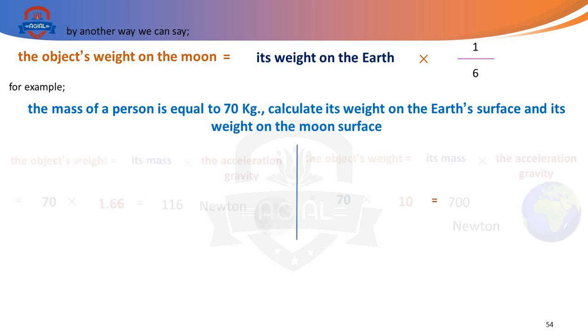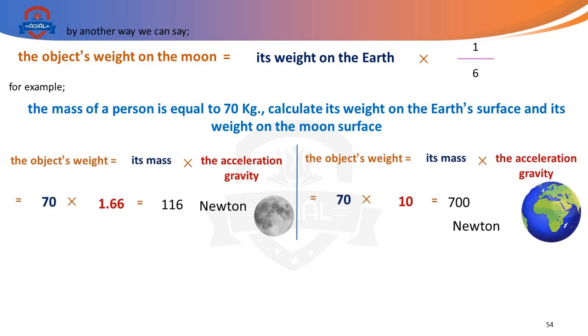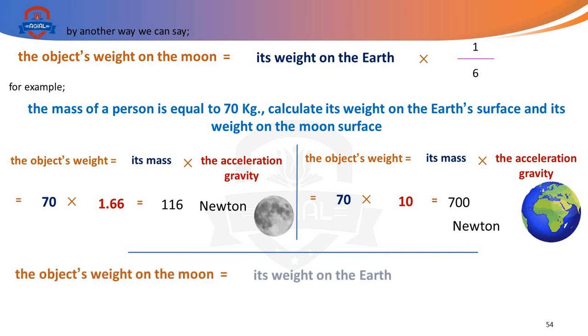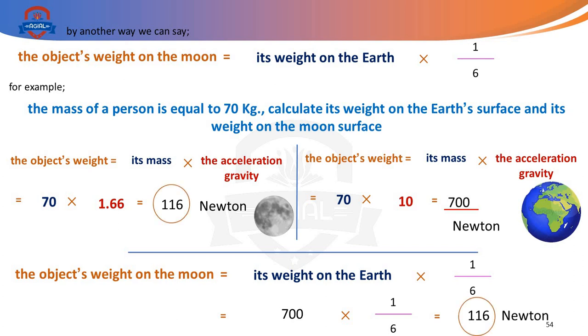So in this case the weight of the object on the Moon equals its weight on the Earth times 1 over 6, which equals 700 times 1 over 6, and it will equal 116 Newton. It's equal to the weight on the Moon by using its acceleration of gravity. So we can get the weight of an object on the Moon by only one step.